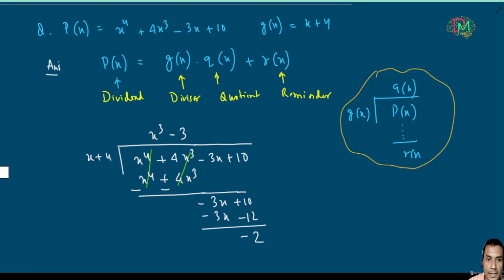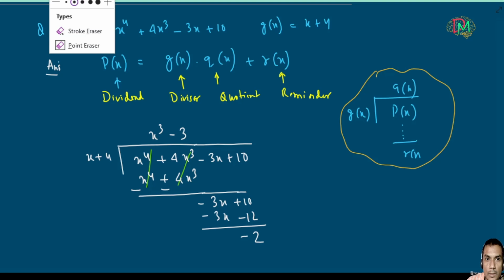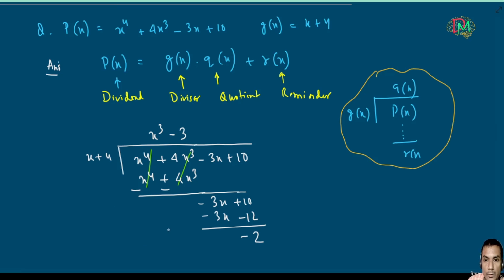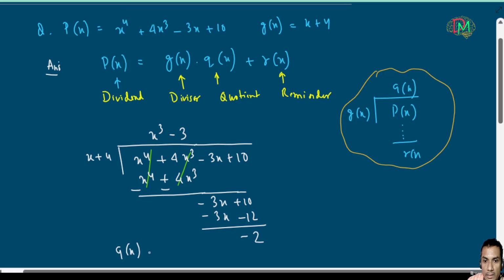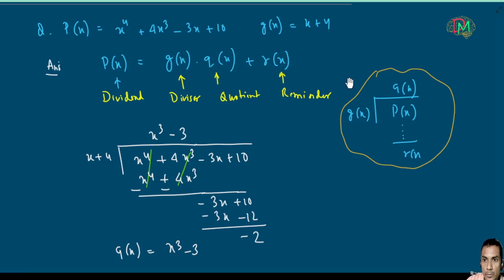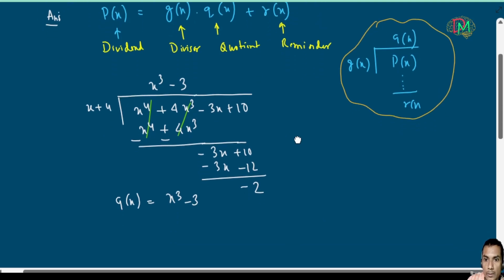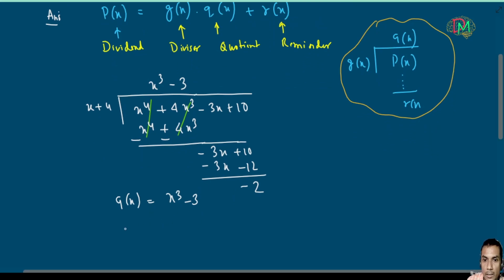So here we get the remainder, which is minus 2, and the quotient qx is equal to x cube minus 3, and rx is equal to minus 2.